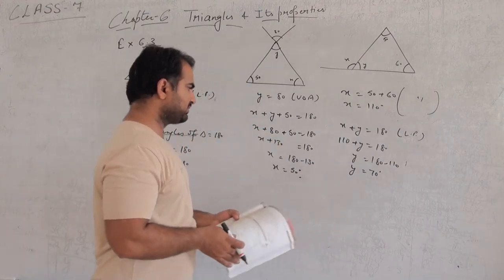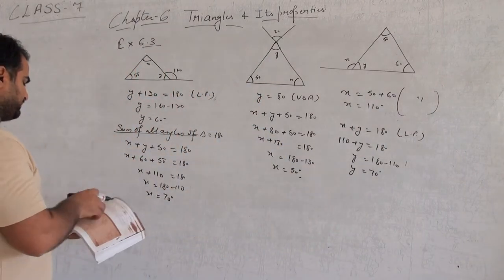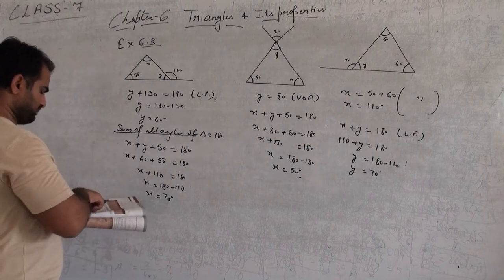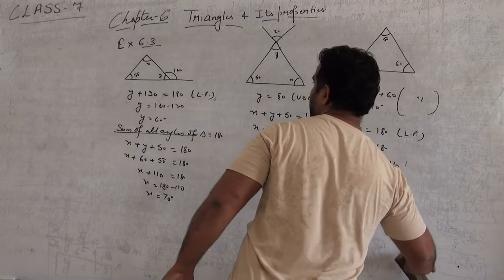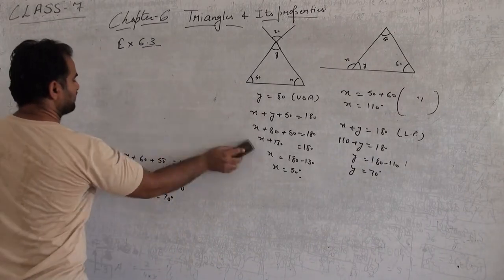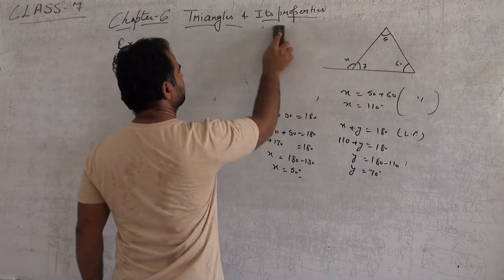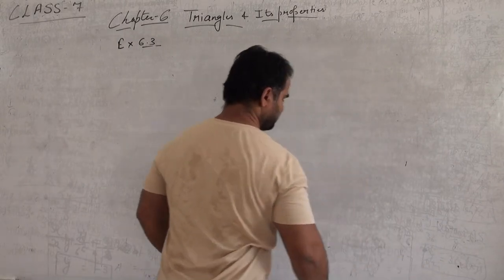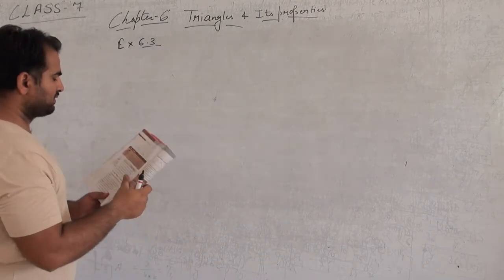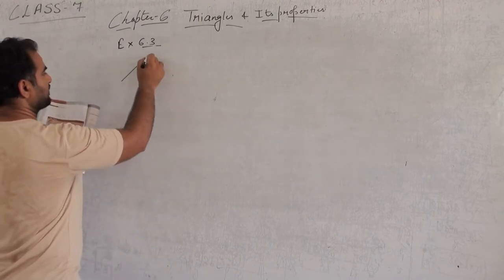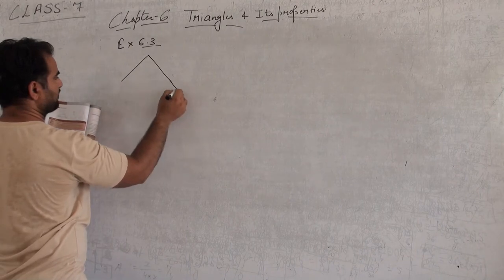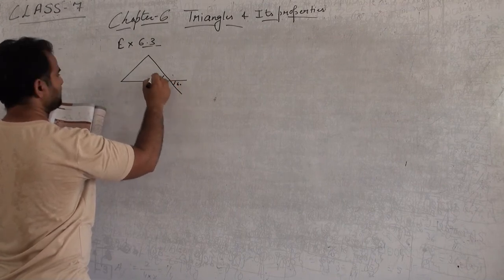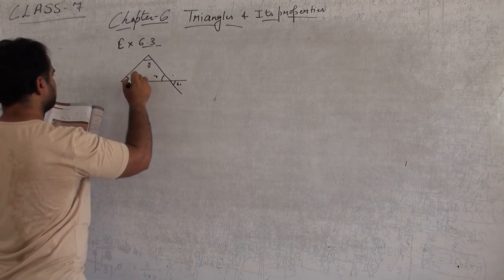Okay. Next, question number fourth. Okay, this one is 60, this one is x, this one is y, and this one is 30.